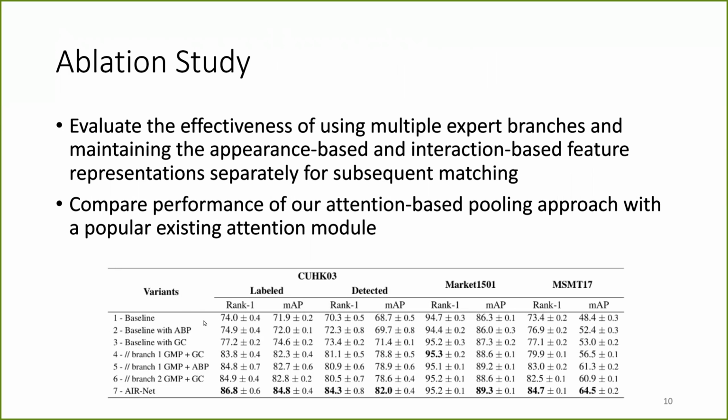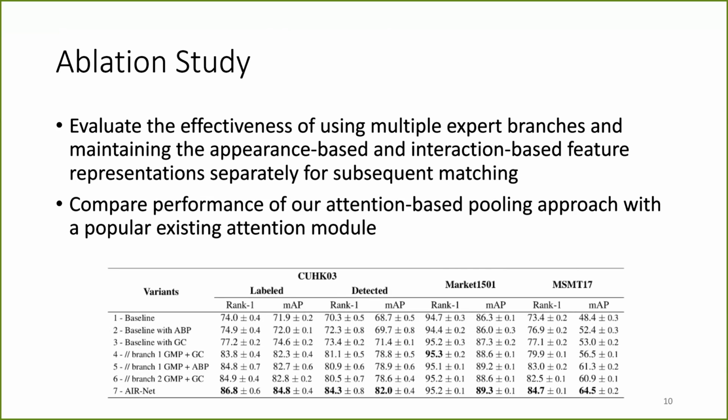We replaced this global pooling with the attention-based pooling, and you can see that we get an improvement. We also replaced it with a GC, global context block, which is a popular attention block. And then from 4 to 6, you can see that we evaluated the approach of adding multiple branches.